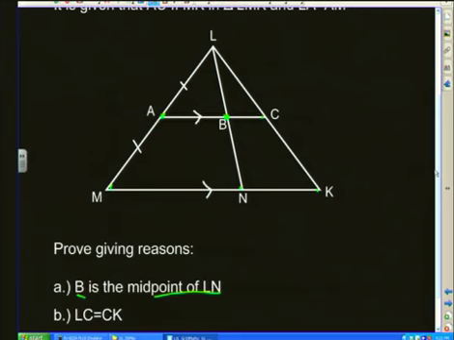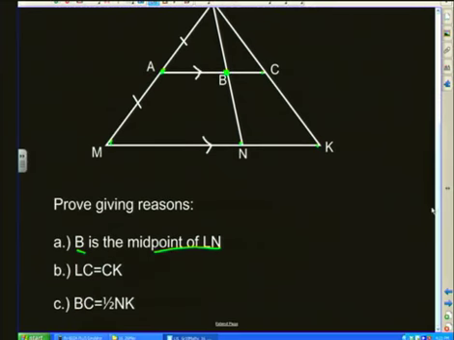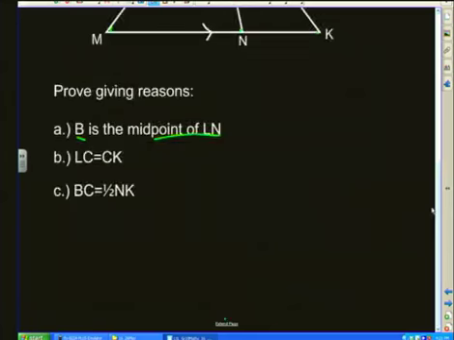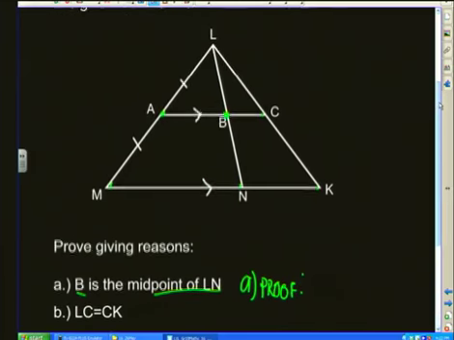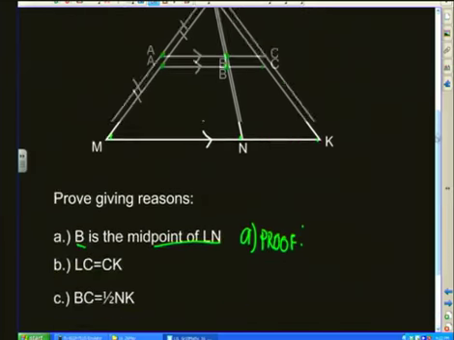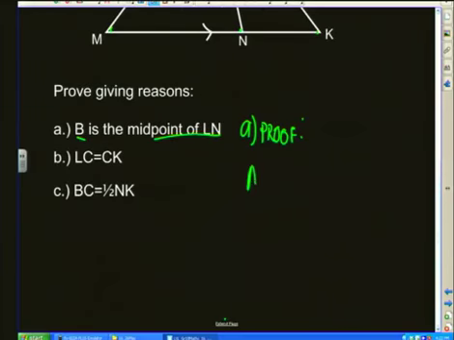But remember, it all comes down to how you write it down, because even if you understand exactly what the question is saying and how you need to go about it, if you don't write down the correct proof, you're going to lose some marks. So how do we start? We know that A is the midpoint of LM, and that was given.